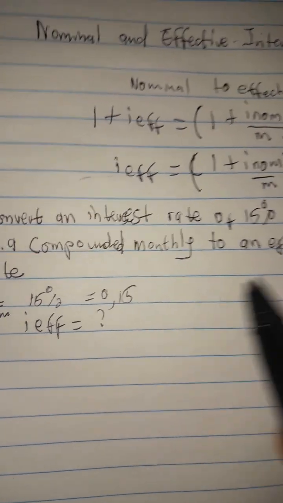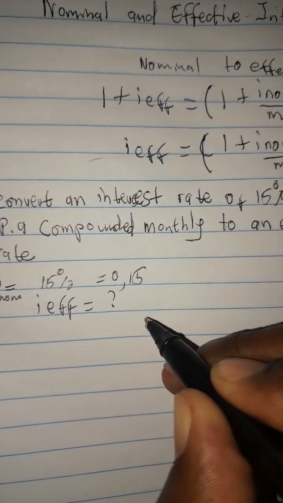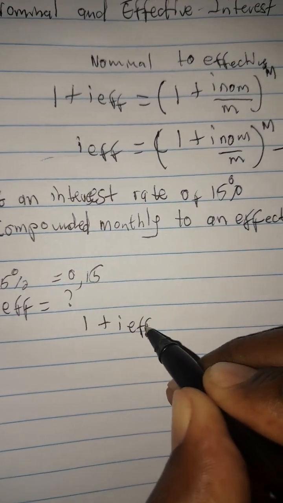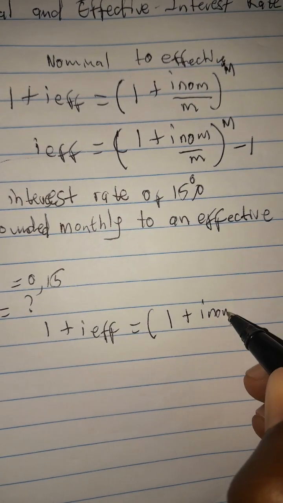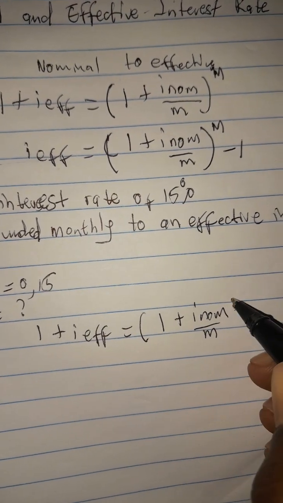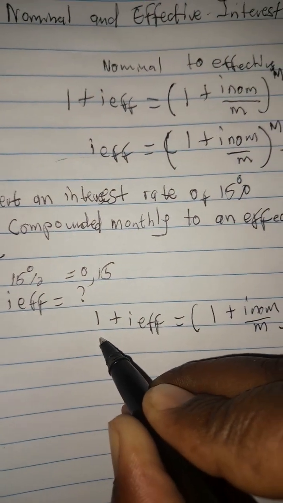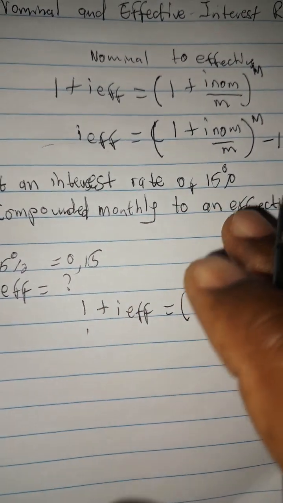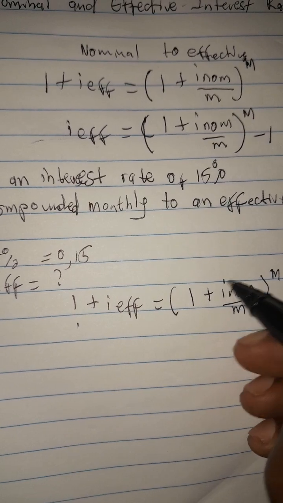So it's I effective. We are going to use this formula: 1 plus I effective is equal to 1 plus I norm divided by m, to the power of m. We are given I norm is 0.15.